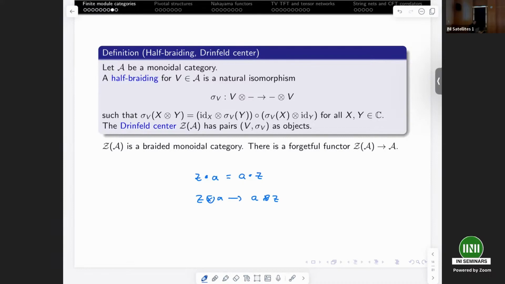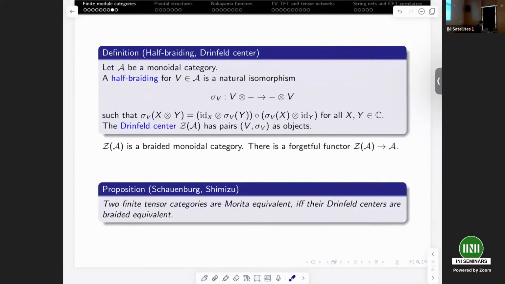So there should be an isomorphism instead, which obeys suitable coherence constraints. Such an isomorphism is what is called a half-braiding. You ensure by the hexagon type axiom that this gives a compatible braiding. And indeed, the category which is defined on these objects, together with the appropriate morphisms, is a braided monoidal category.